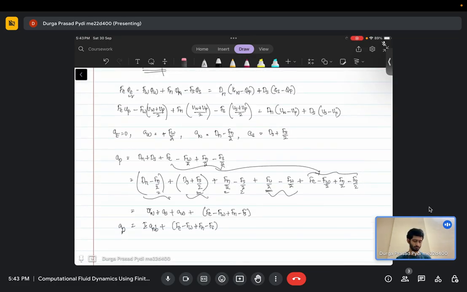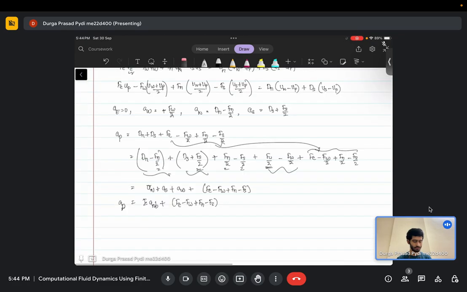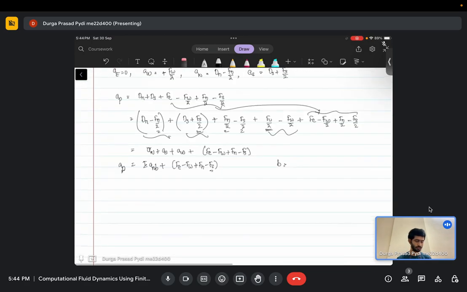This is very similar to what we discussed in the conduction equation as well. When you have a Dirichlet condition, you will have these terms coming up in your AP as well as in your B. But when you have a Neumann condition, you don't have any terms coming up in your AP term, so it will be the standard form, and your B also won't have any additional terms coming up because of this. So your B will essentially remain the same.